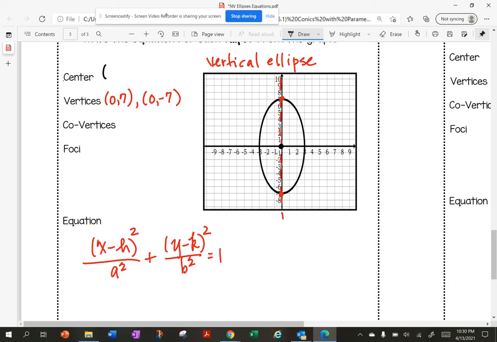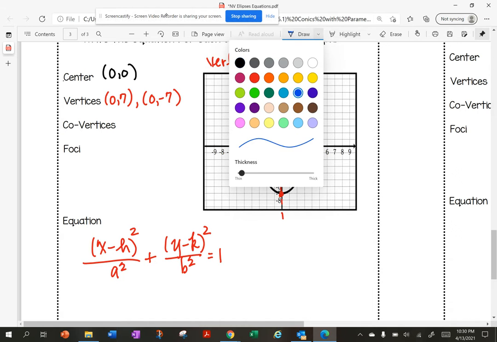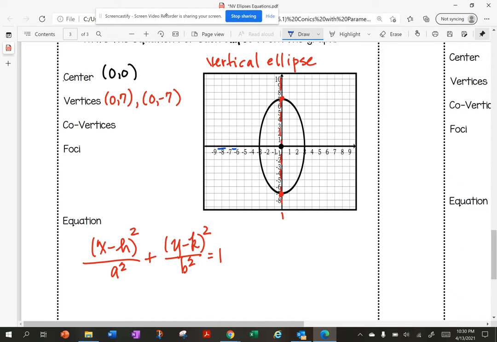So my center is at the origin, 0, 0. My co-vertices are on the minor axis, and they are here. So my co-vertices are at 3, 0 and negative 3, 0.